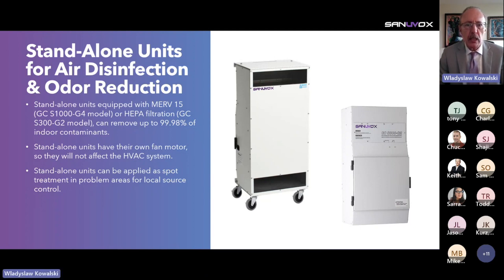Standalone units may be equipped with HEPA filters, MERV filters, and UV systems. They typically remove 99.98% of indoor contaminants or more. At least that is the HEPA filter models. The MERV filter models with UV also remove extremely high rates of pathogens and allergens.